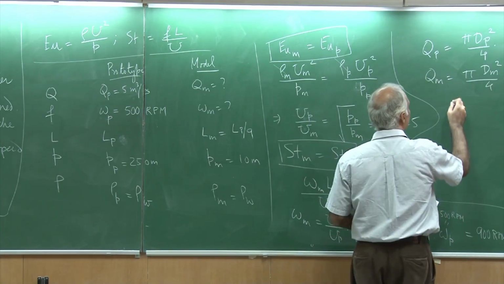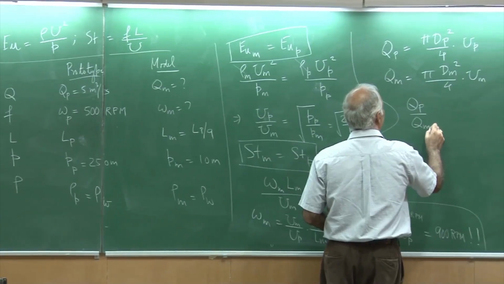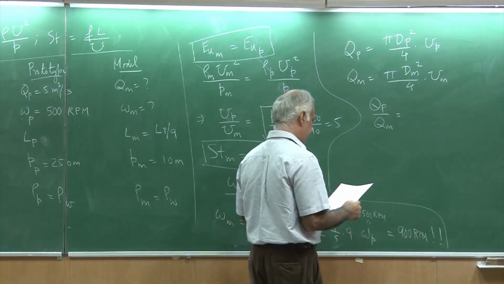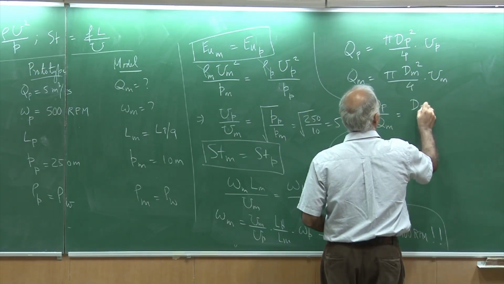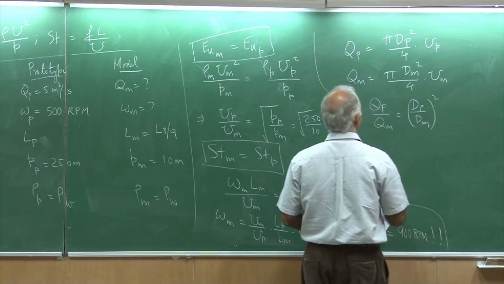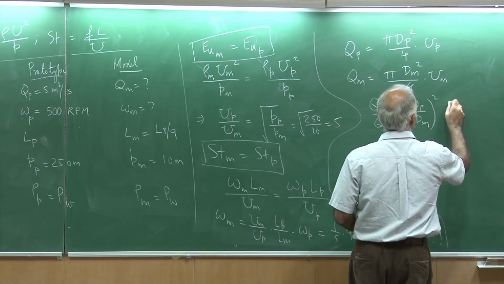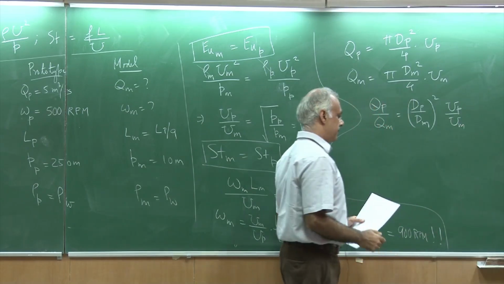So, I could look at what is Qp by Qm, and that you can see is simply dp by dm whole squared times up by um.